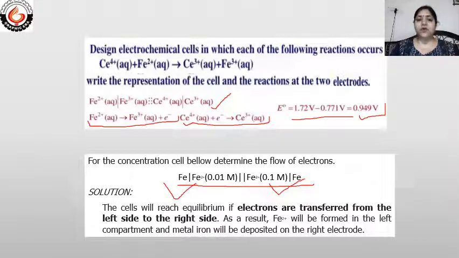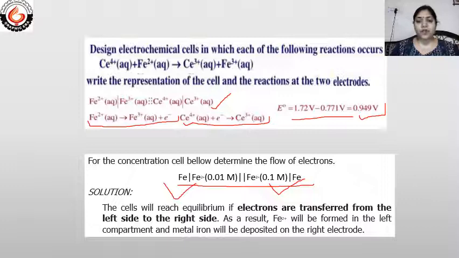So in this cell reaction, electrons are transferred from left side to right side, because during the oxidation the electrons are removed and during the reduction the electrons are consumed.